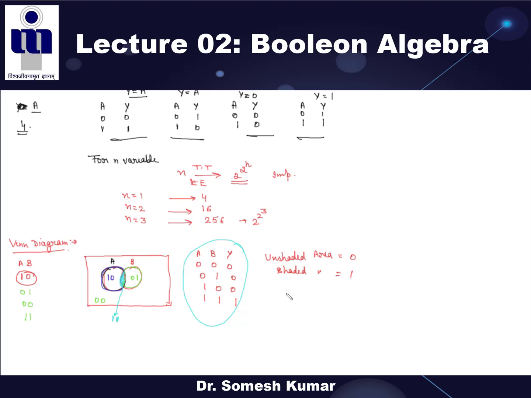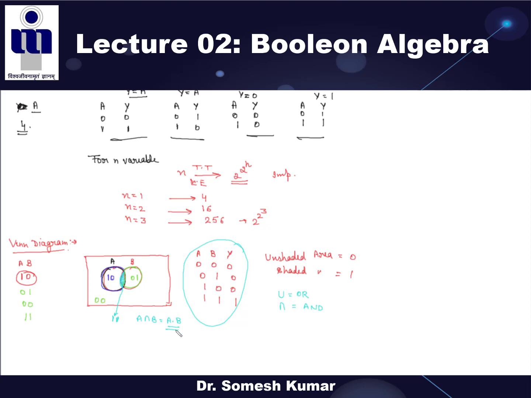Here in the Venn diagram, the union is represented by the OR, while the intersection is represented by the AND. Intersection means the shaded area is what? We can write it down as A dot B.